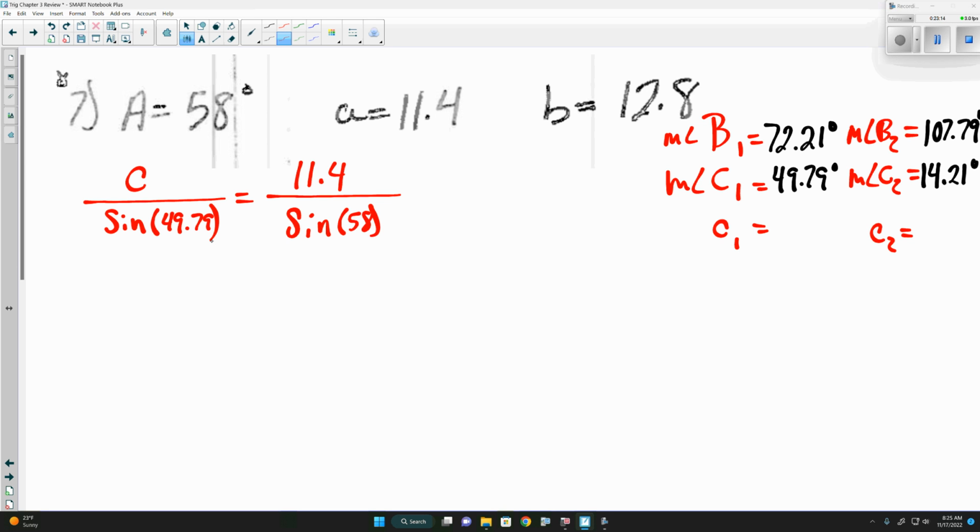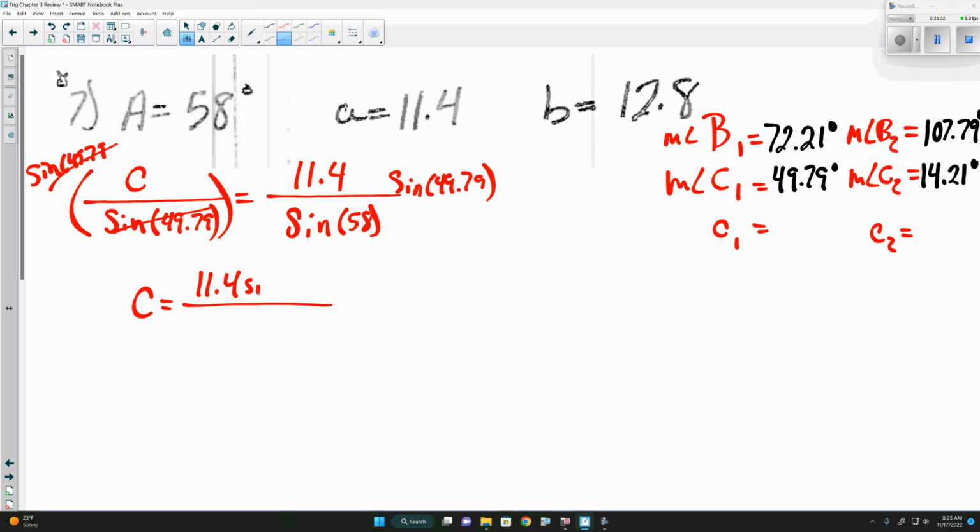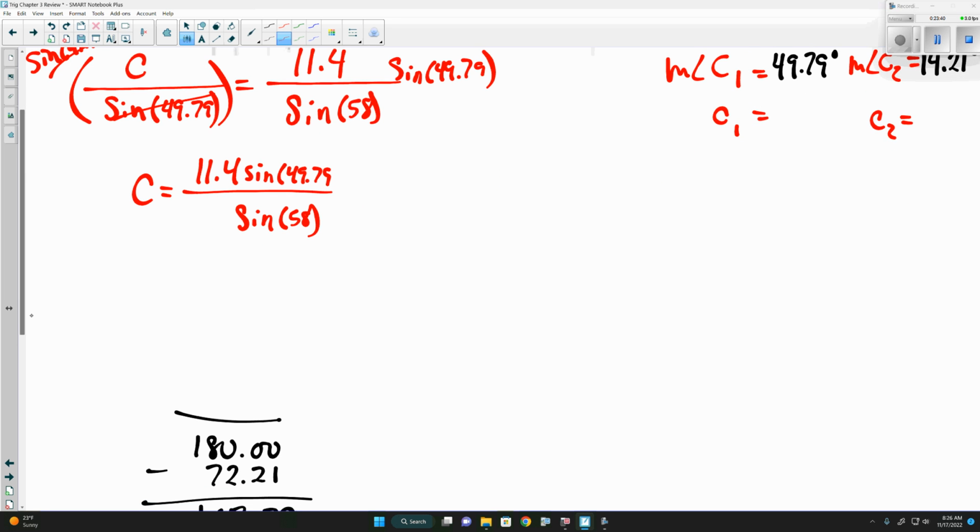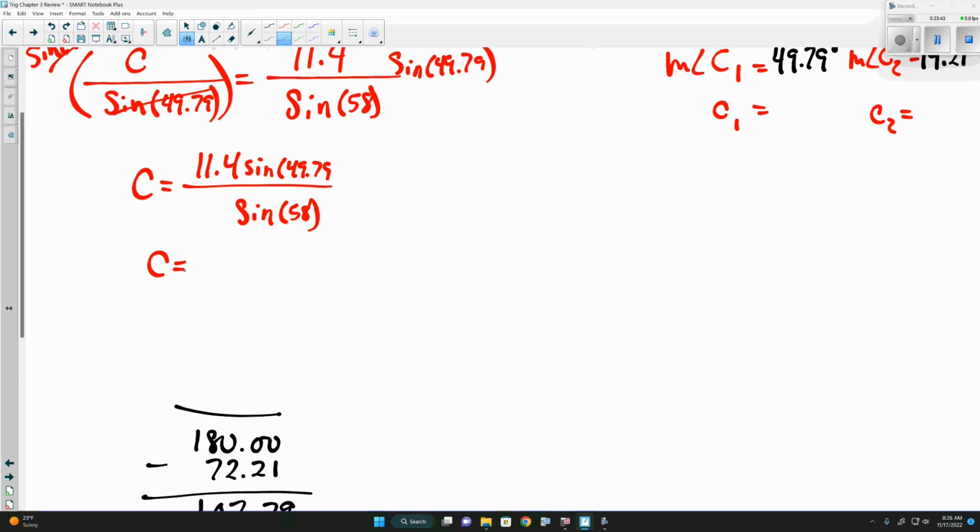To find C2, we're just going to replace that with the other version. At this point, we're going to multiply both sides by sine of 49.79. These will cancel, telling us C is equal to 11.4 sine of 49.79 over sine of 58. And at this point, we can plug it in.